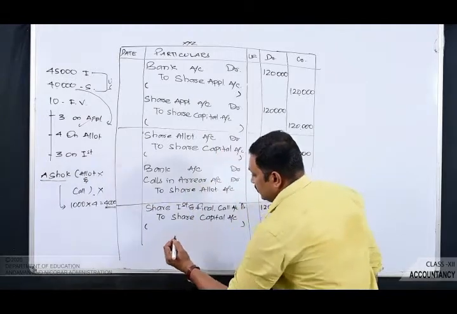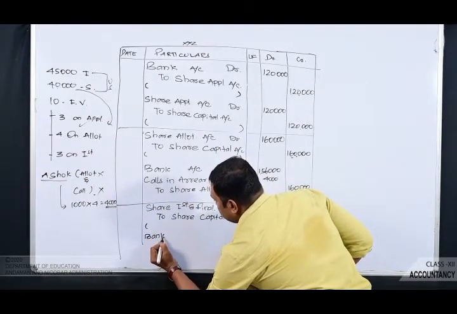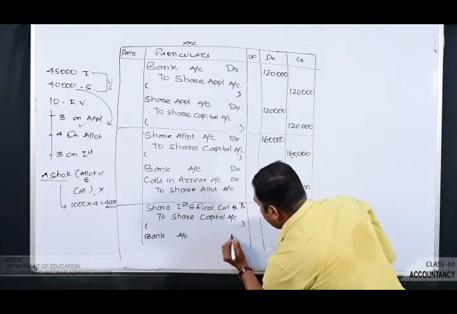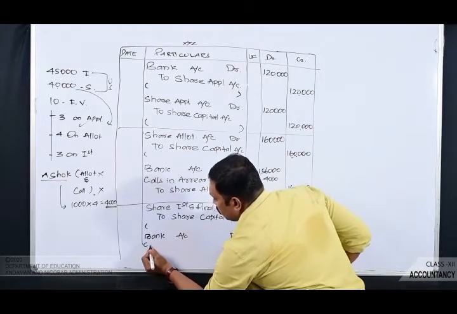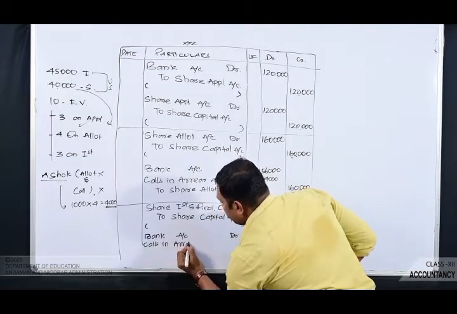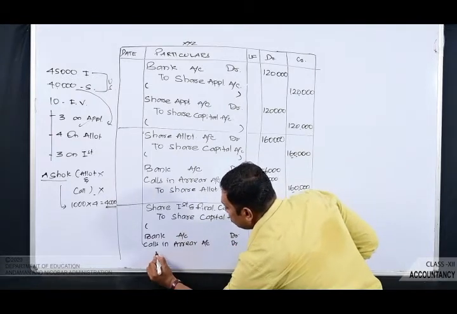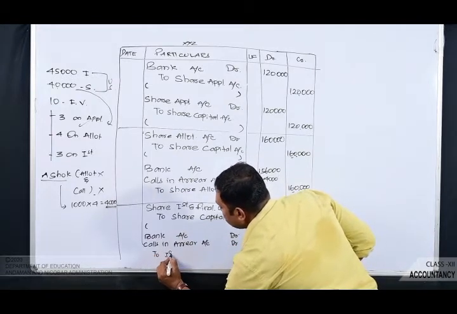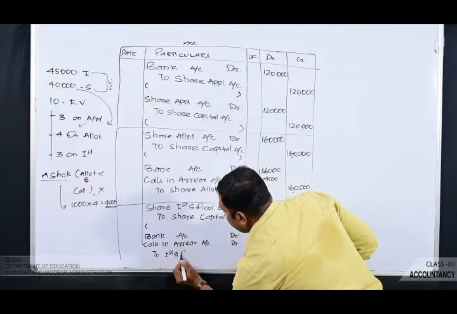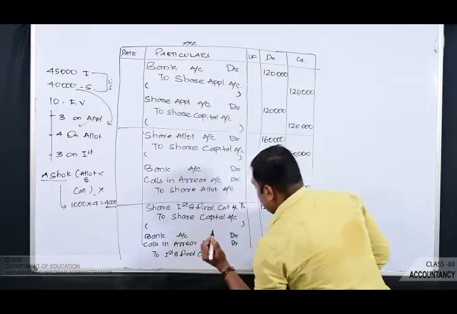Right? Lastly, we have to write bank account debit, calls in arrear account debit to first and final call account.